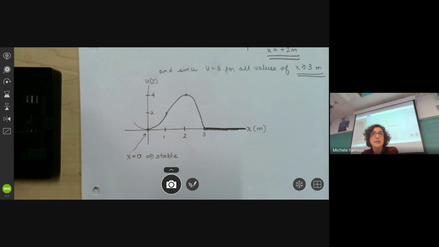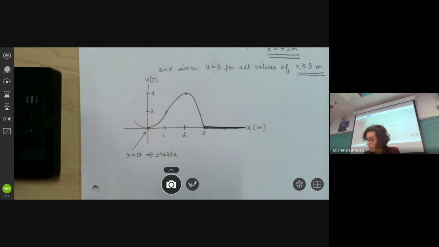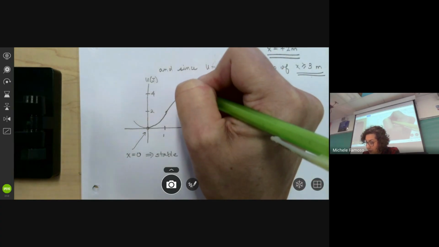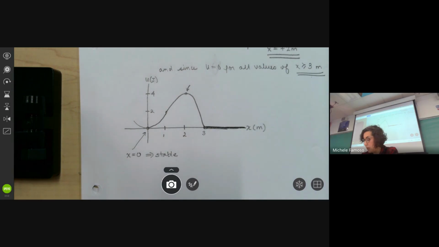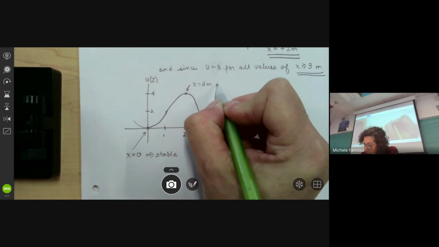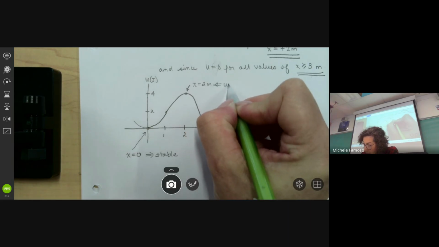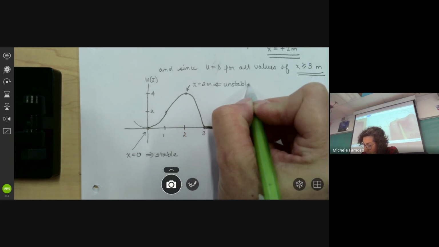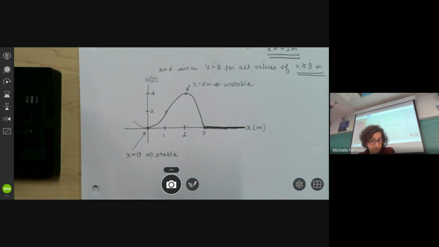Concave up implies stable equilibrium. The 2 meter position is a point of equilibrium. Notice the graph right here is concave down. So at x equals 2 meters, that implies that we are in an unstable equilibrium position. The graph is concave down.